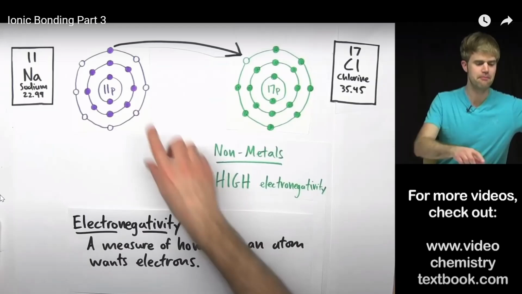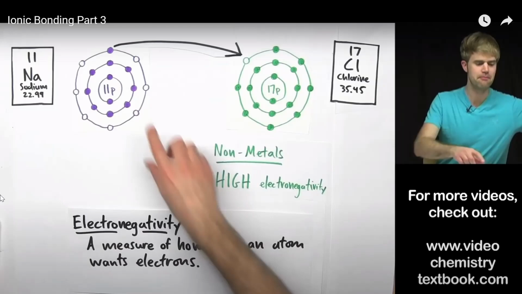So there are 11 things pulling that outermost electron in, but there are 10 things pushing that electron out. So in sodium, we have 11 protons, which pull, and we have 10 electrons, which push that outermost electron away.